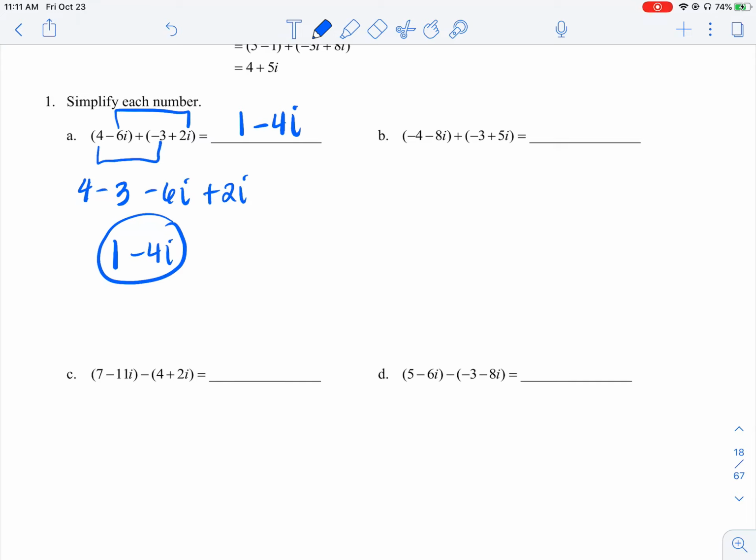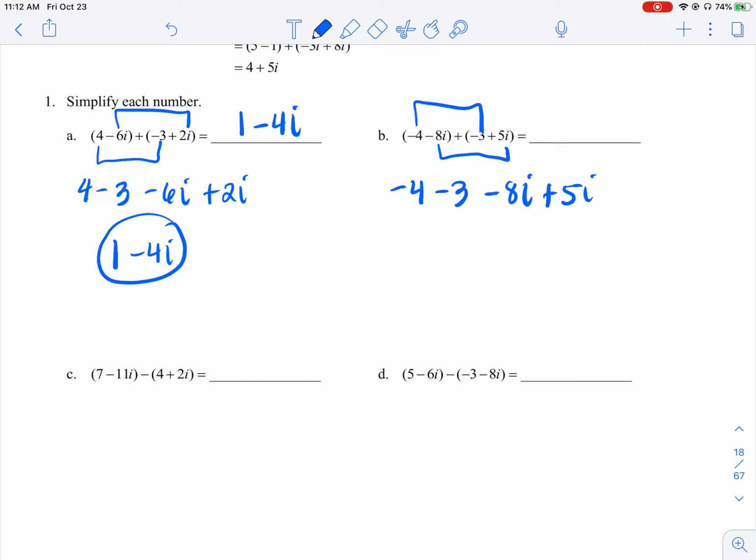So here, let's combine the two real numbers and combine the imaginary units. Of course, you don't have to write 4 minus 3 when you're actually solving it. You can just say, oh, I know 4 minus 3 is 1, right? But just for the sake of being detailed, let's rewrite the equation. So I have negative 4 minus 3 minus 8i plus 5i.